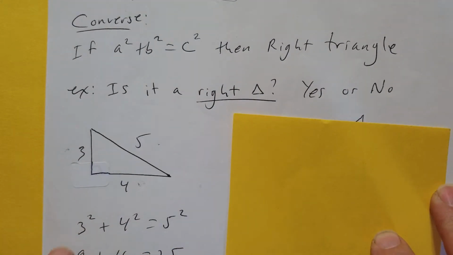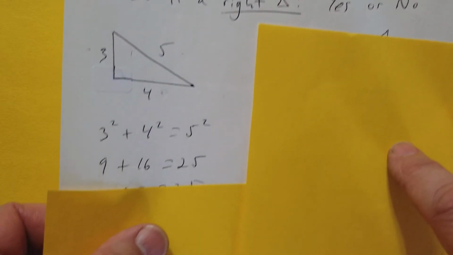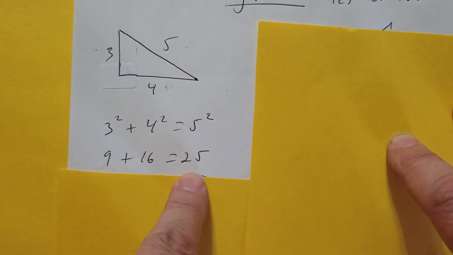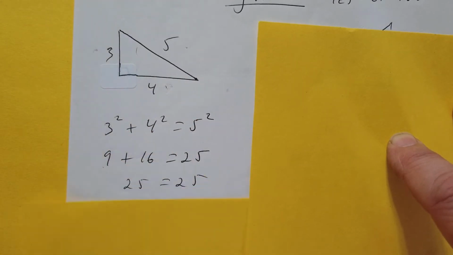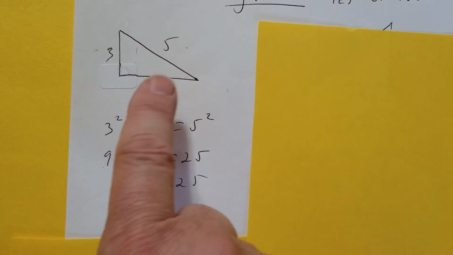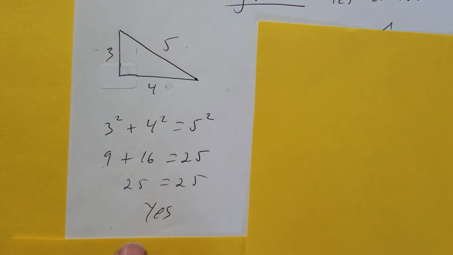Well, this is 9, this is 16, and this is 25. Is 9 plus 16 25? Yes. So we are dealing with a right triangle here. I did not know this was a right triangle. I checked using the converse of Pythagoras' theorem, and it was true. It is a right triangle.